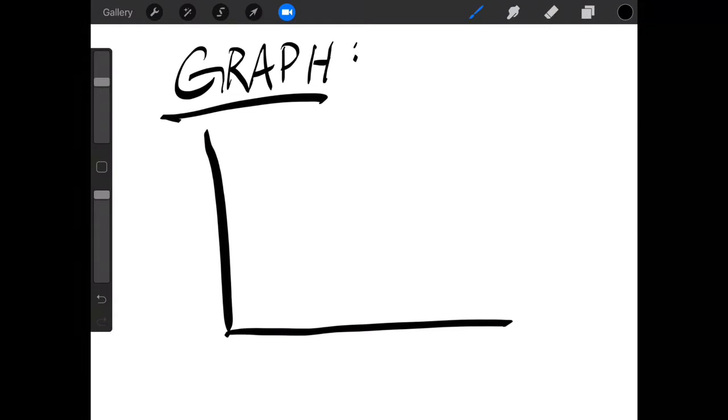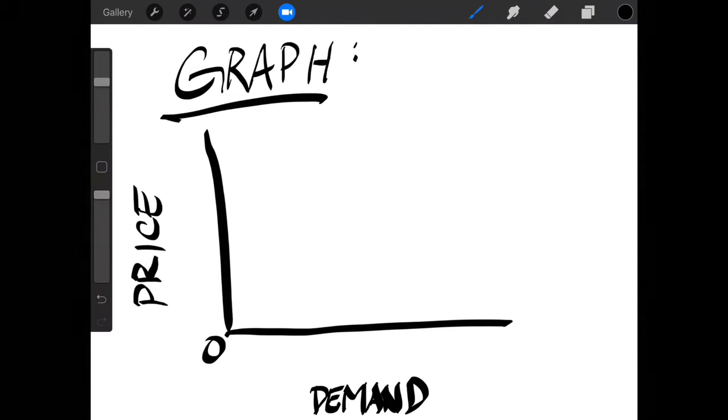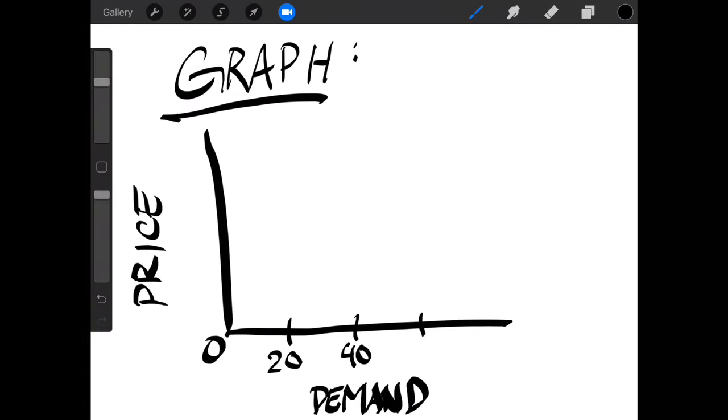Now that we have the demand schedule, all we have to do is make the graph. The x-axis represents the demand quantity, while the y-axis is the price. Now, we plot our points.